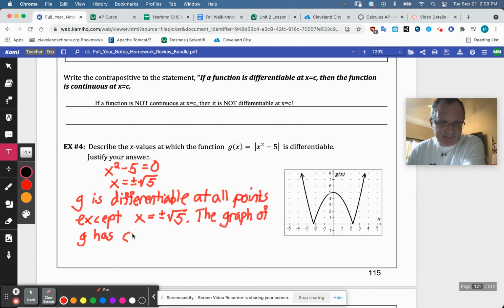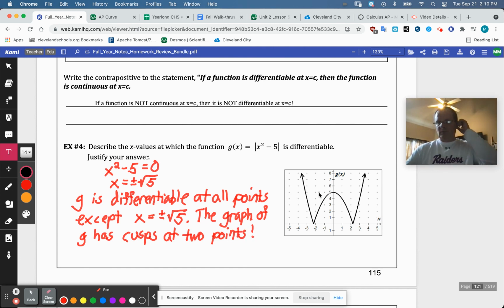I'm going to say cusps at those 2 points. Boom. Okay, so there we go.